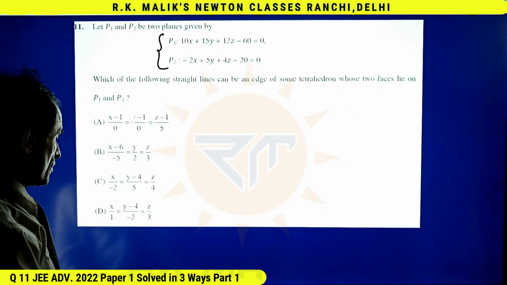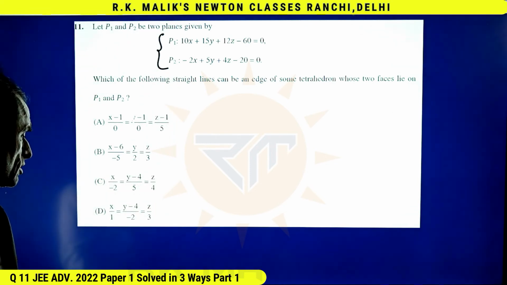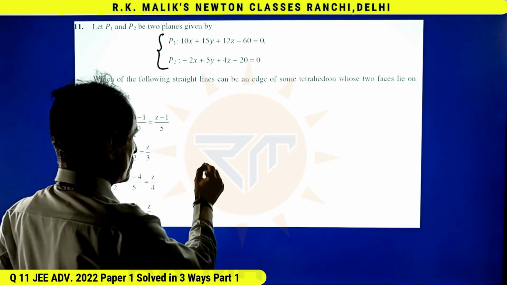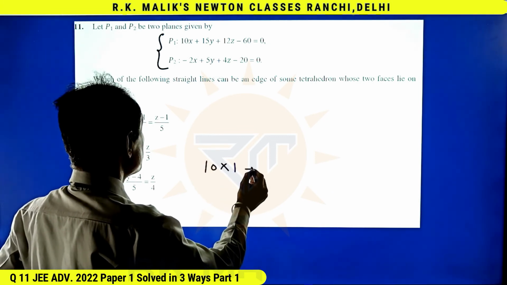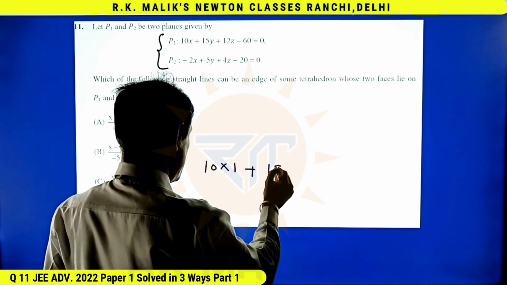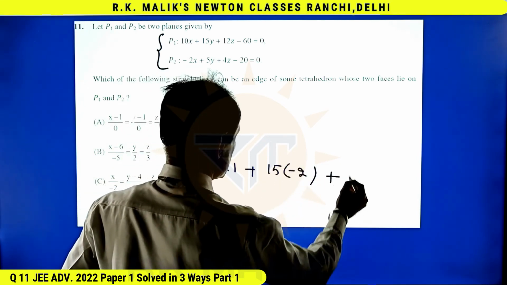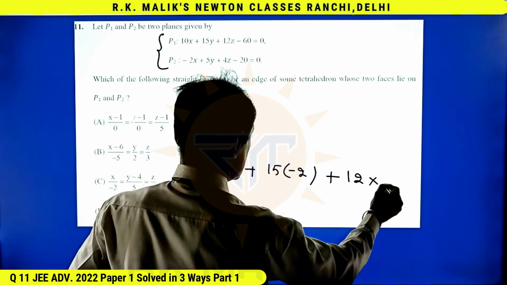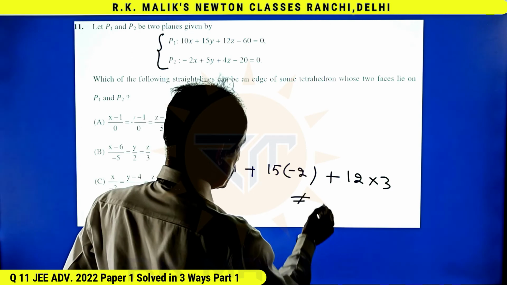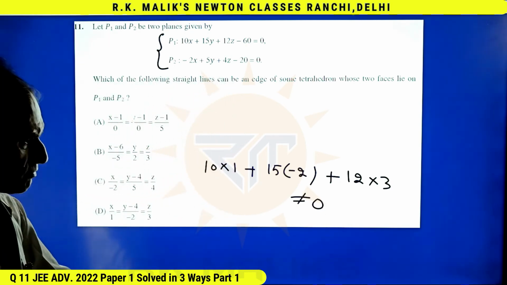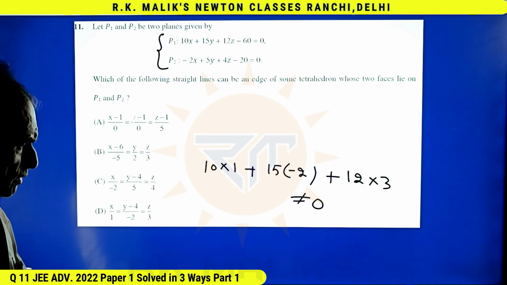And to proceed further, to check whether this line is parallel to the plane P1 or not, find the value of 10 into 1 plus 15 into minus 2 plus 12 into 3, which is non-zero. Hence this line is not parallel to the plane P1.